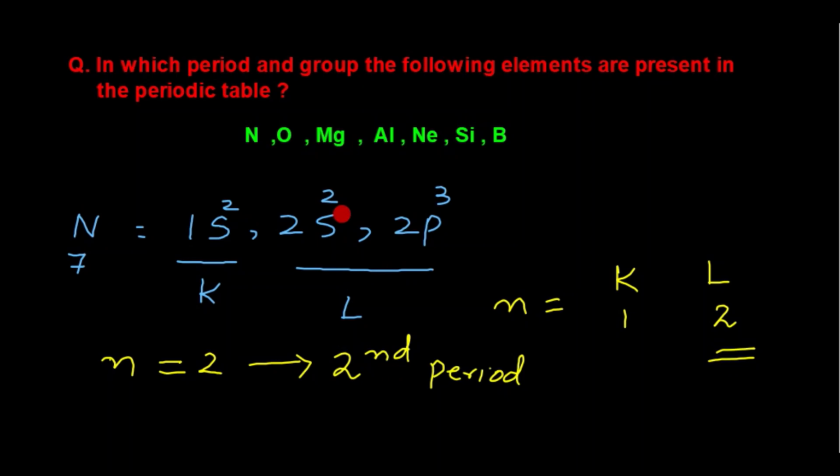Now we will see the group of nitrogen. See the valence shell, that is the L shell. How many total electrons are present in the valence shell? 2 plus 3 is equal to 5. Since 2 plus 3 is equal to 5, it means nitrogen must be present in group 5A of the periodic table.